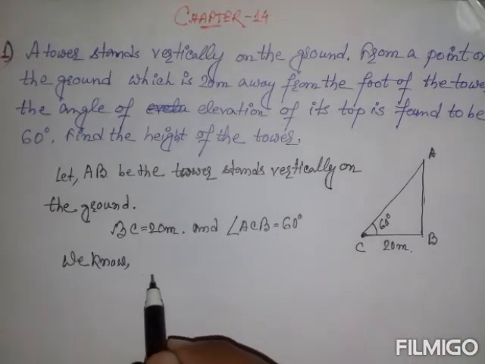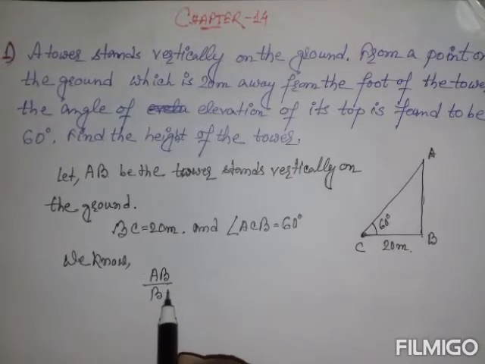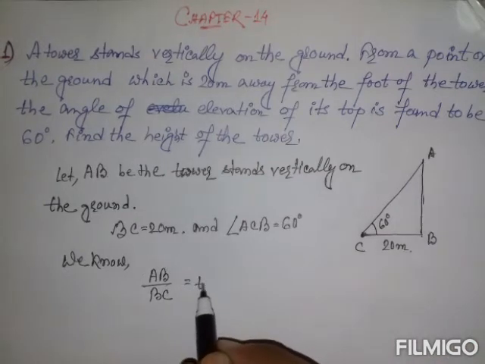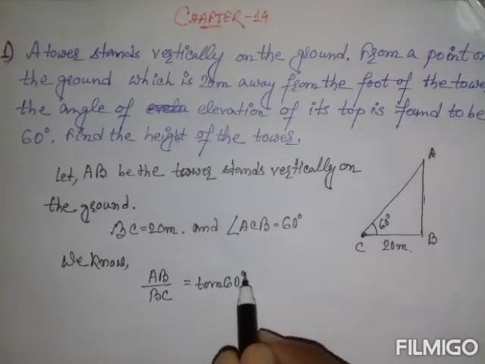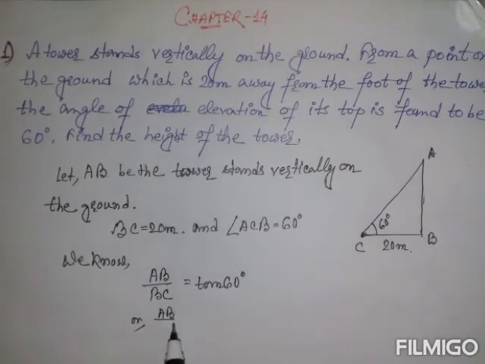We know AB by BC is equal to, means perpendicular by base is equal to tan 60 degree, or AB means AB, we have to find the value of AB. BC is equal to 20.